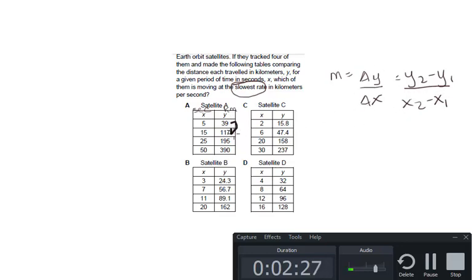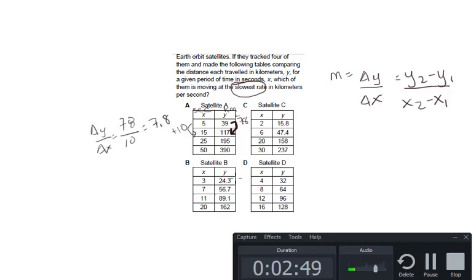So for each of these tables, I'm going to calculate the change in Y and the change in X. For A, we have 78 over 10. This is your change in Y over your change in X, which would be 7.8.